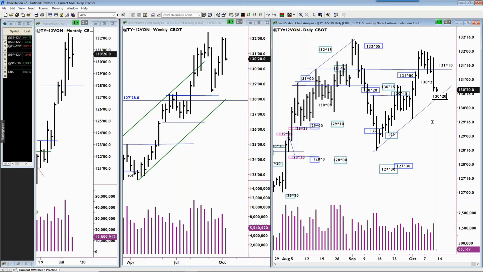If that breaks, 129.20 would be the next level down, this low here. And that could break because we're getting some good acceleration down. So I'm not too sanguine about this, but we have to be aware that it's there, and then come down to 129.20.